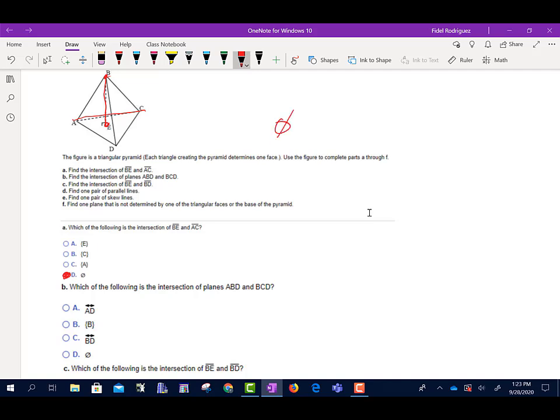So again, just a little simple here, guys. This is the empty set, and it means there is no intersection, right?